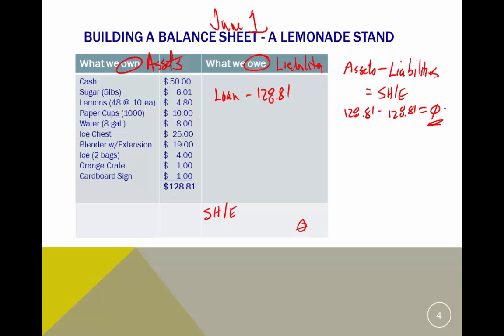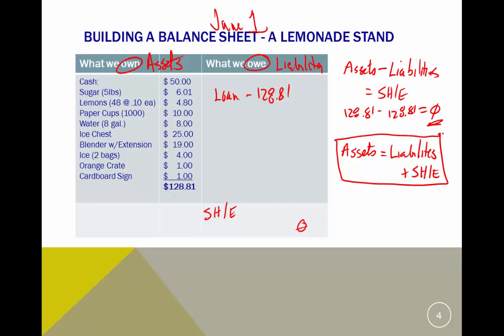Well, somewhere around, I think it was 1394, you had a monk in Italy who realized that you could change this little equation. Assets minus liabilities equal shareholder equity could, in fact, be assets equals liabilities plus shareholder equity. Now, at this point, you're probably asking yourself, why do I care? Well, if you think about this, this is before computers were out there.